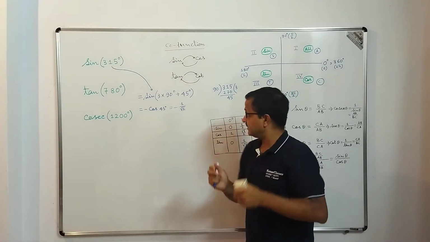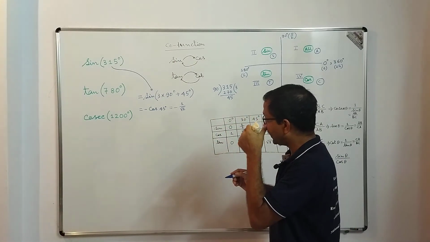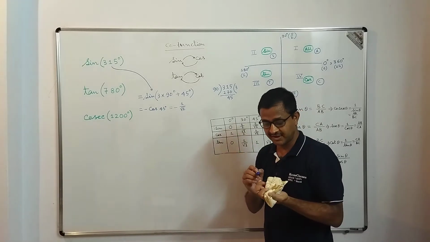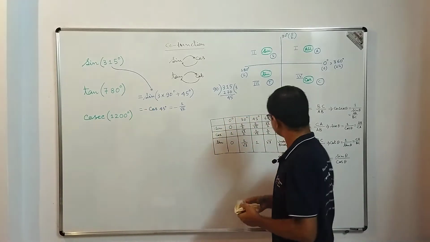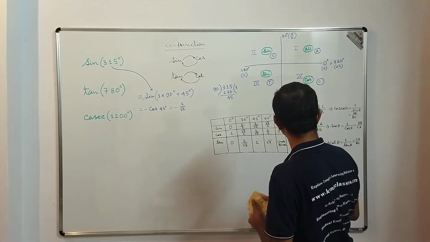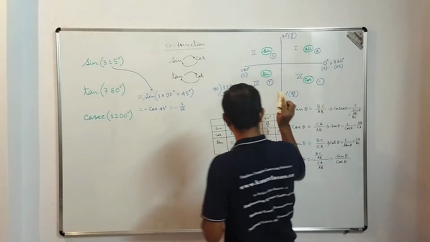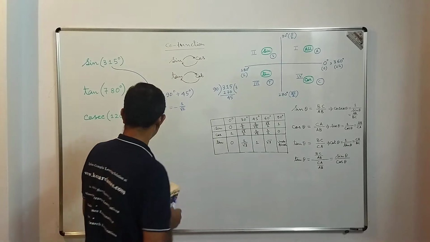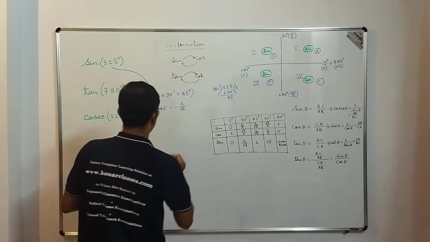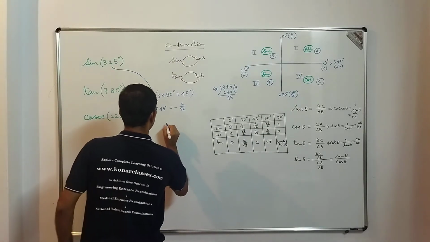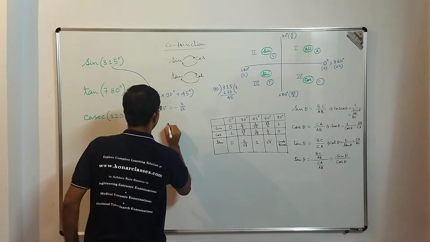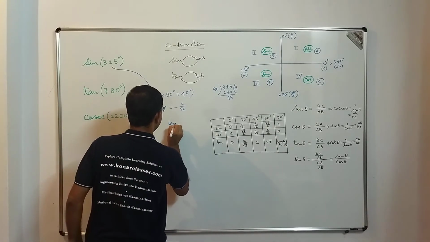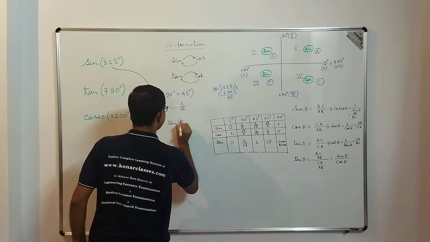Now the next thing we are going to do is the generic steps to be followed. So to know how to follow the generic steps, let me write it here. Suppose you get a big angle theta, and you need to find the value of tan of that big angle theta.